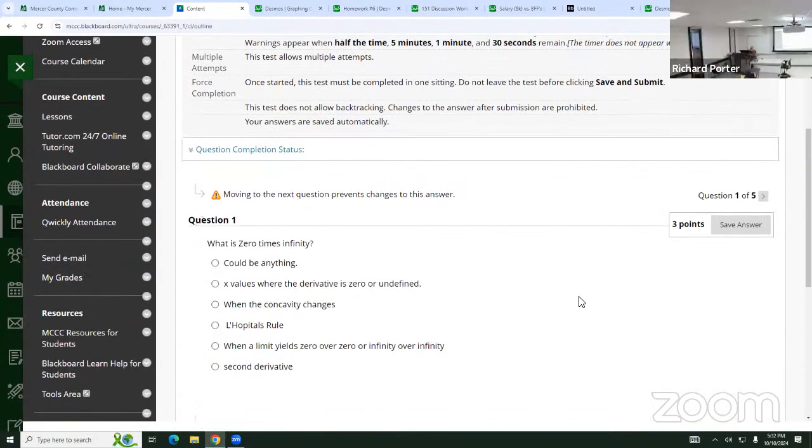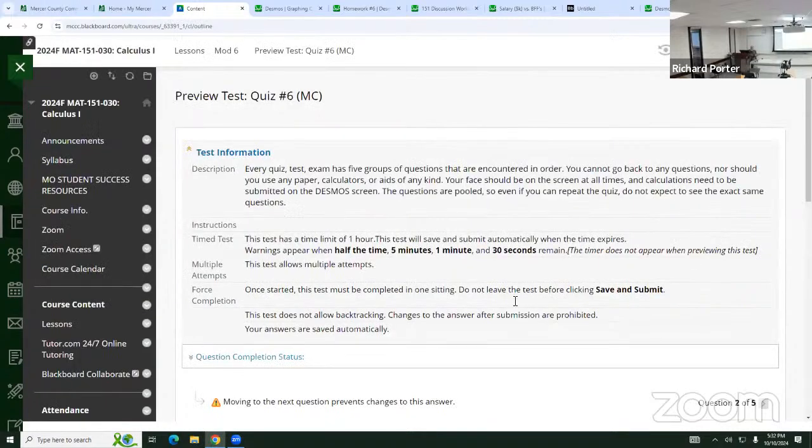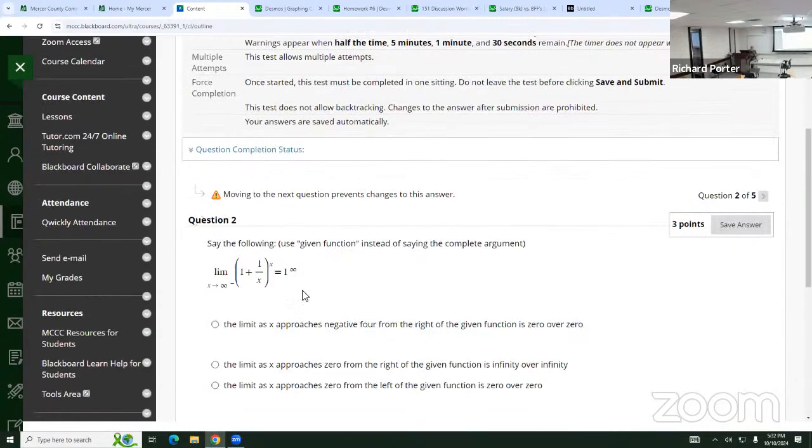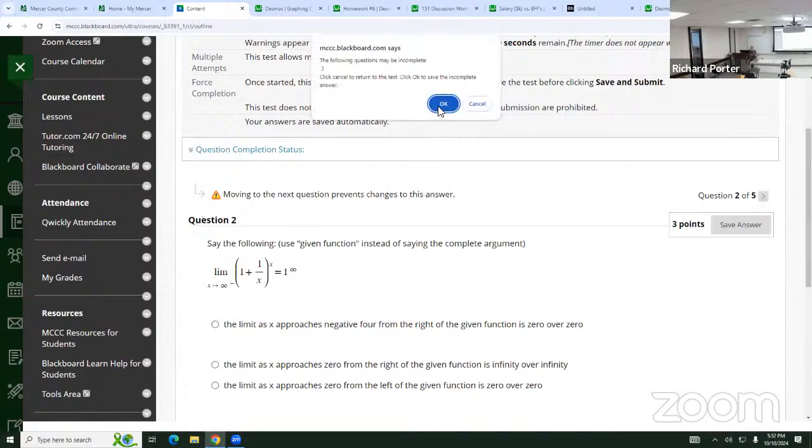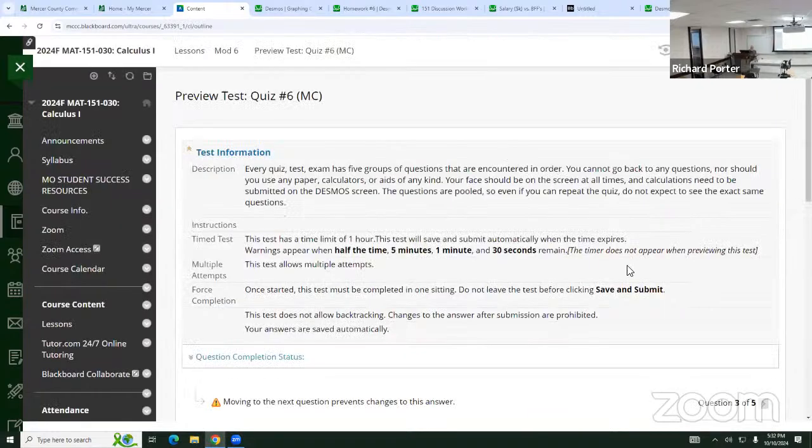So, things you might be asked is, what is 0 times infinity? Saying a limit out loud. I was going to change this, that's why it wasn't up, because differentials are really what I asked you to say. But this is just a regular limit. And it doesn't even say the function with quantities and everything.